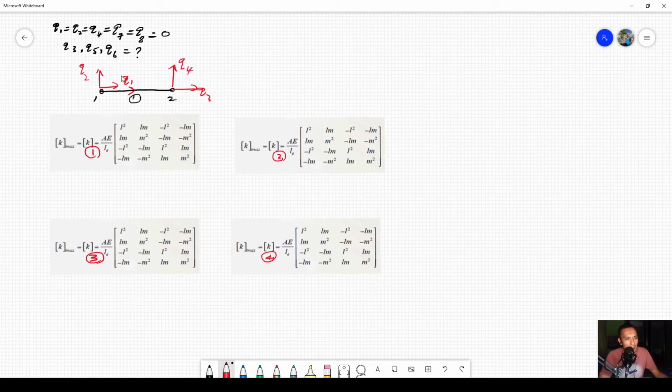Looking at these degrees of freedom and the direction of the element connectivity, we can write the address next to our matrix by following the index that we have for the deformations, and by considering the element connectivity direction as well.